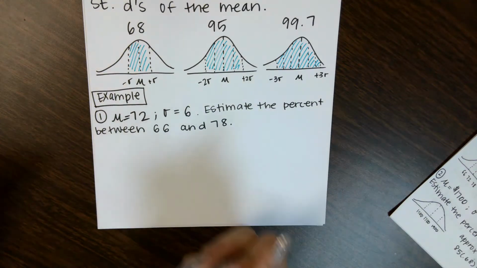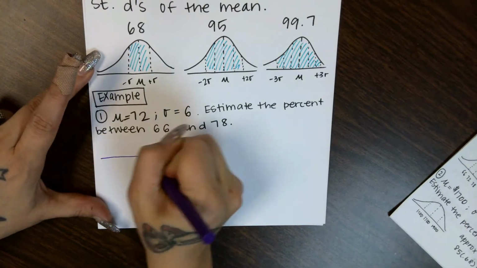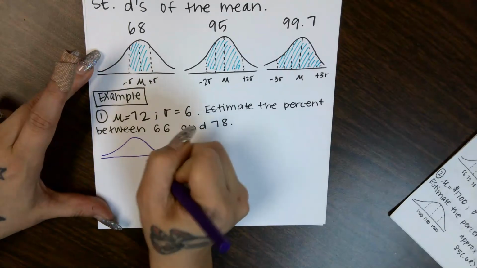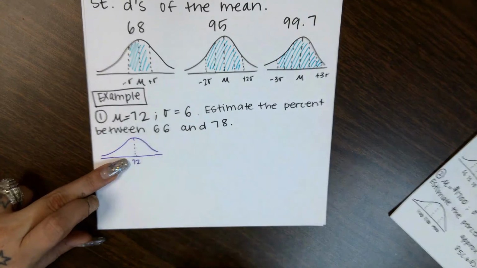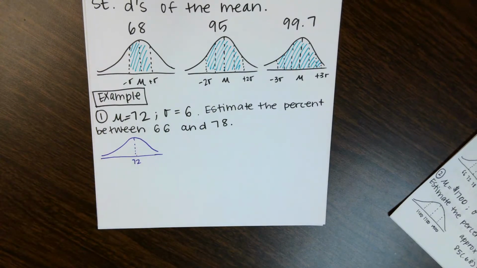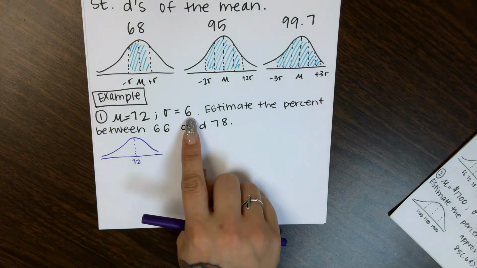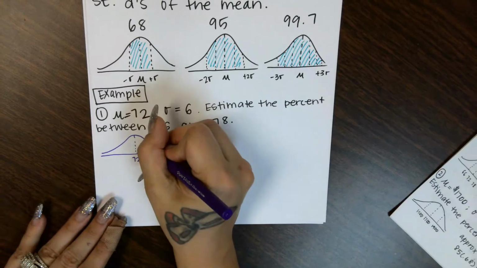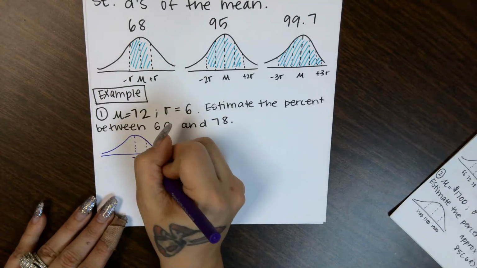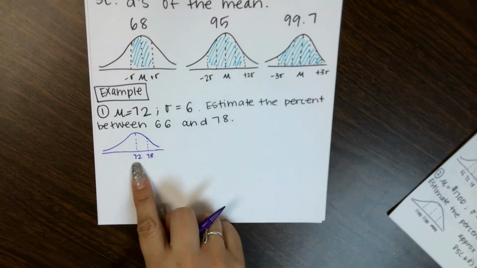Okay? So if I do this, and this is my mean, right? It splits it down the middle, and it's 72. One standard deviation to the right, I would be adding 6. What's 72 plus 6? 78, right? 72 is my mean.